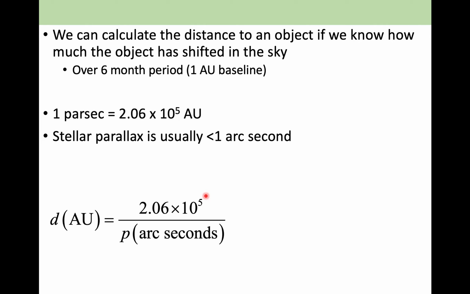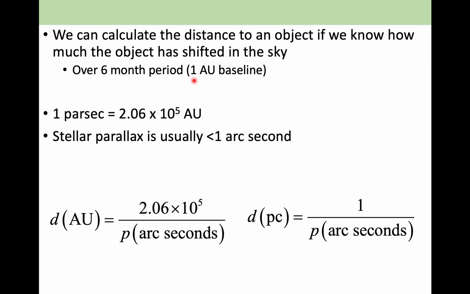So we're actually able to calculate the distance to any object if we know how much that object has shifted within the sky. If the baseline is 2 astronomical units, over that 6-month period, we're able to calculate the distance to that object using our understanding of parsecs and stellar parallax.